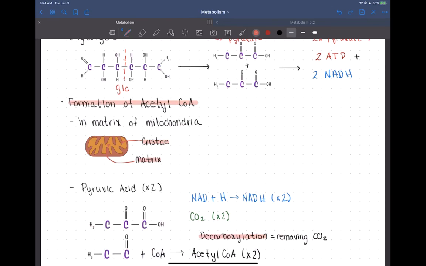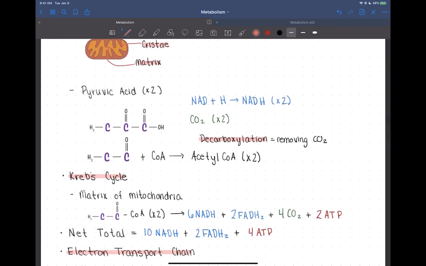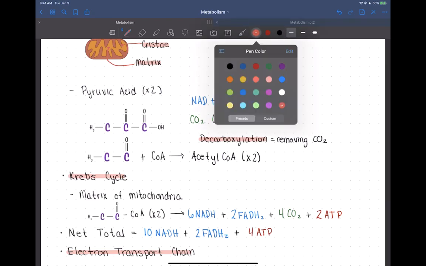What's going to happen is we're going to take our pyruvic acid. Remember, we have 2 of them. We're going to start to break it down. For your exam, you're not going to have to draw chemical structures, but you need to understand what's going on here. So let's color match these.